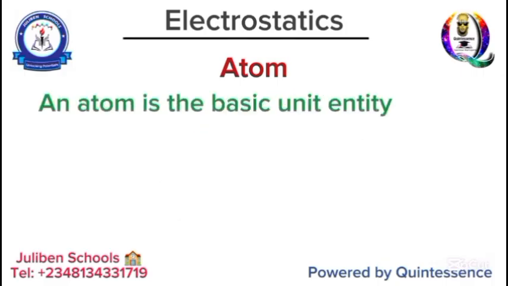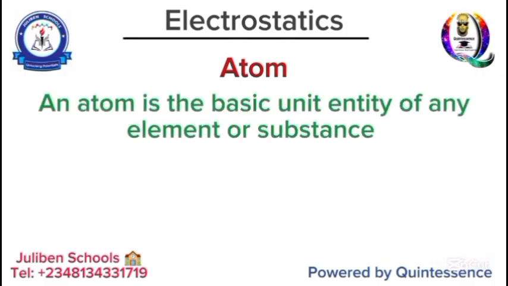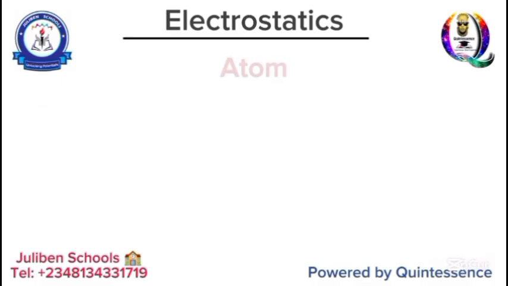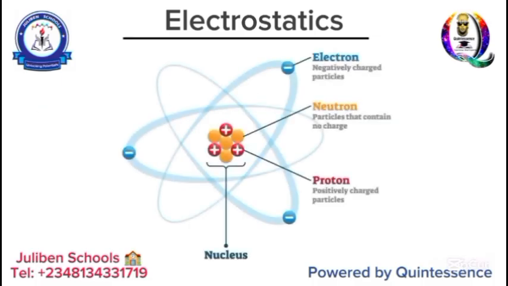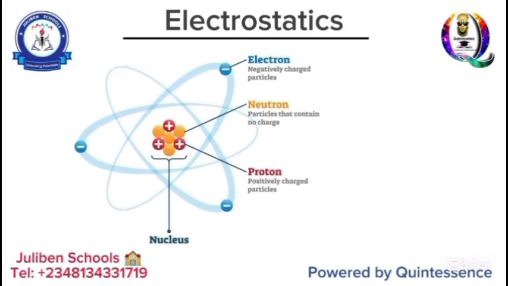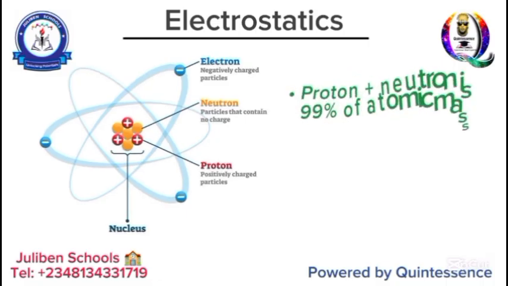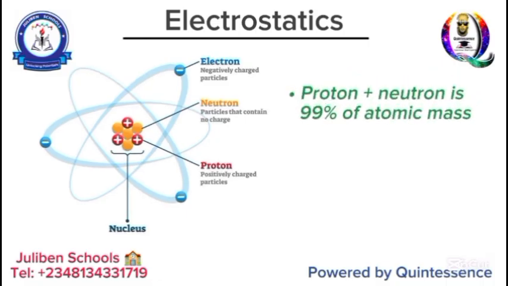An atom is regarded as the basic unit entity of any element or any substance, and it is made up of three compulsory particles: the protons that are positive, the electrons that are negative, and the neutrons that have no charge at all. And it's important for you to know that the proton and the neutron contribute to the weight of the atom. In fact, 99% of the weight of an atom is found in the proton and the neutron, right?